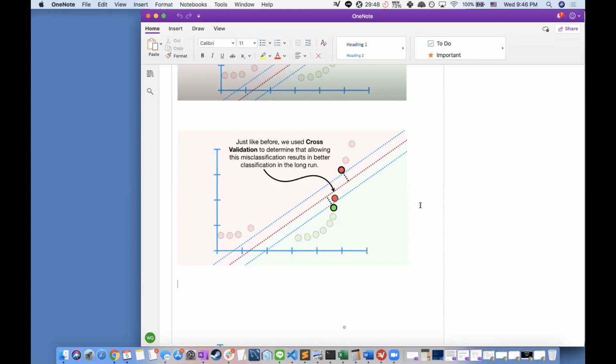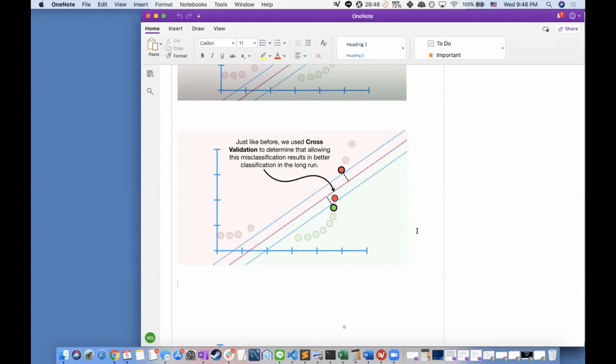These instances are called the support vectors. So basically the instances located on the edge of the dotted lines are called support vectors. Page 154 if you want to read more.